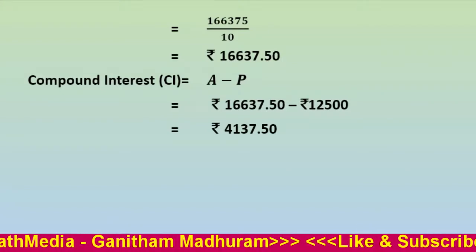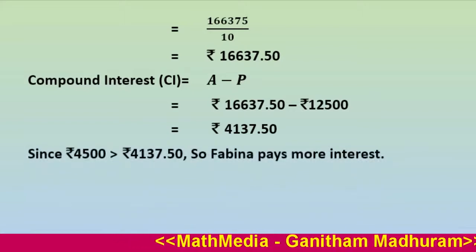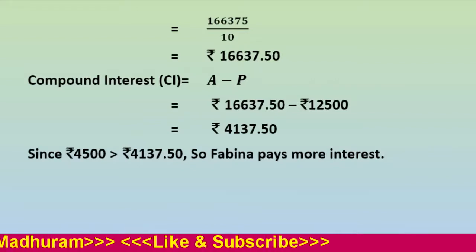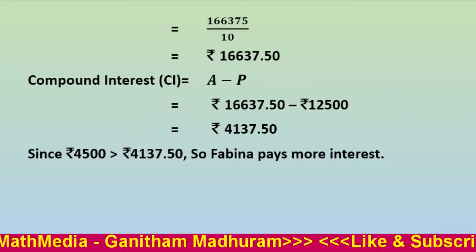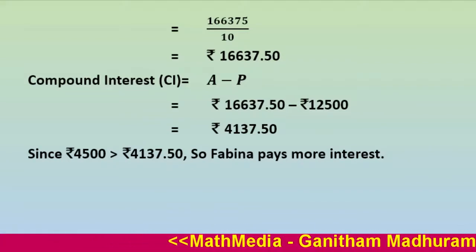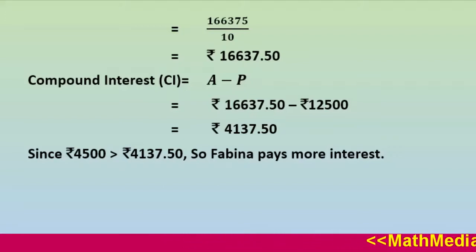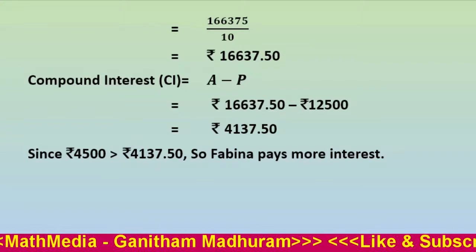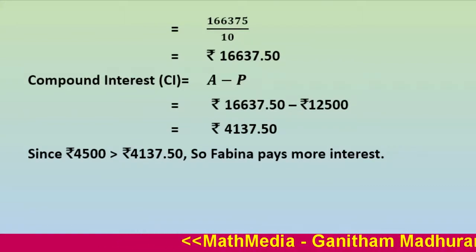Earlier, Fabina paid rupees 4,500 as simple interest. First part of our question is who pays more? Since 4,500 is greater than 4,137.50, Fabina pays more interest. Second part of the question, how much more?